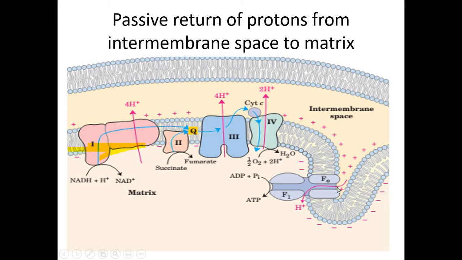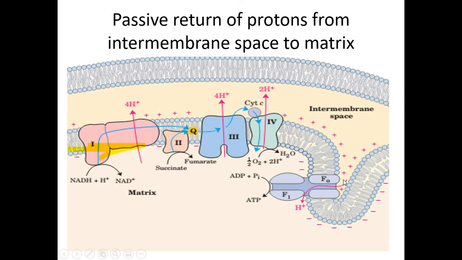When the H positive ions come back passively to the matrix, this passive movement of protons will release energy, because we have already discussed that passive movement always releases energy.